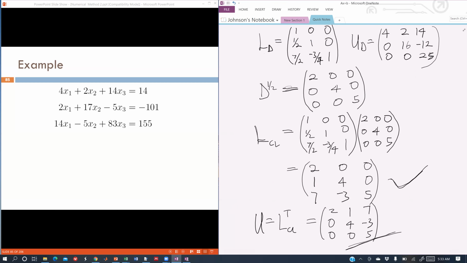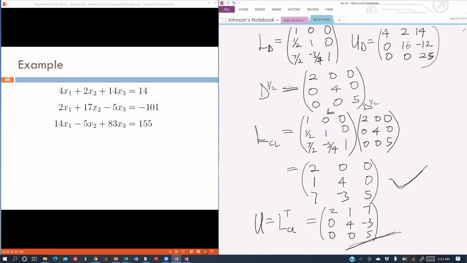So you can go through Gaussian elimination, produce the lower triangular of the Doolittle, extract the diagonal entries of the upper triangular to form the D exponent half matrix, and multiply L by the D exponent half to get your Cholesky lower triangular matrix.